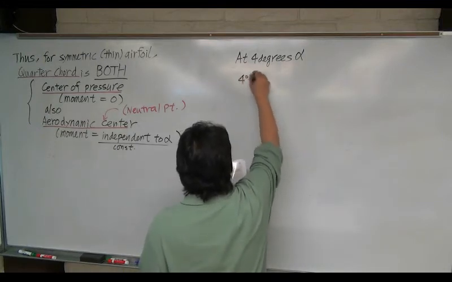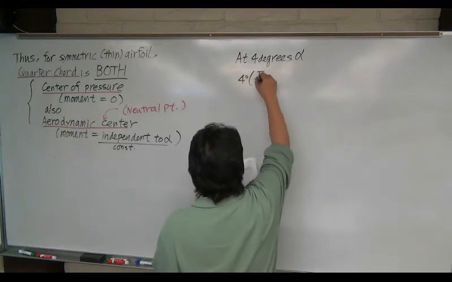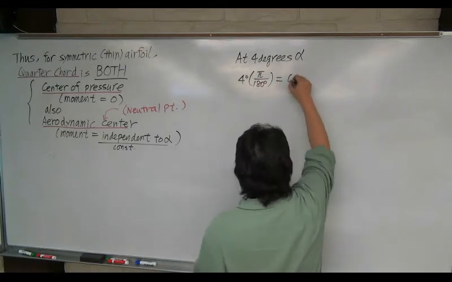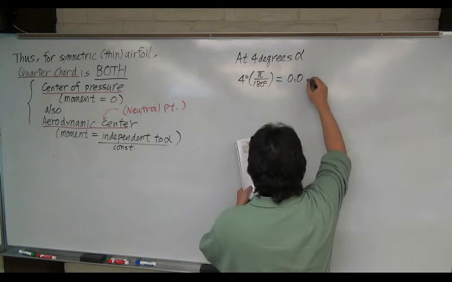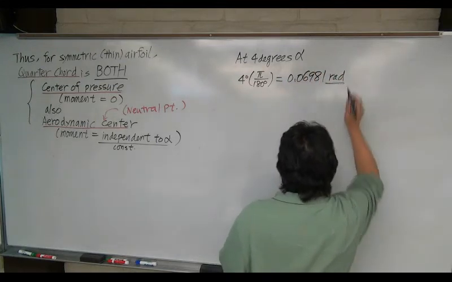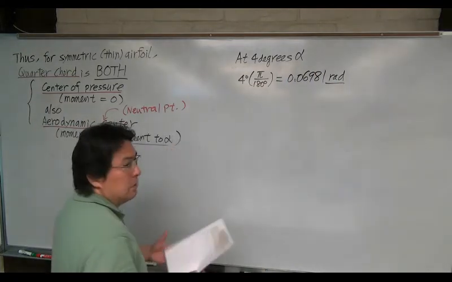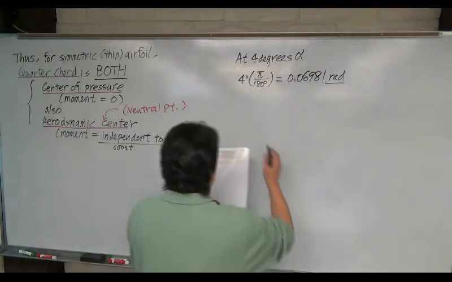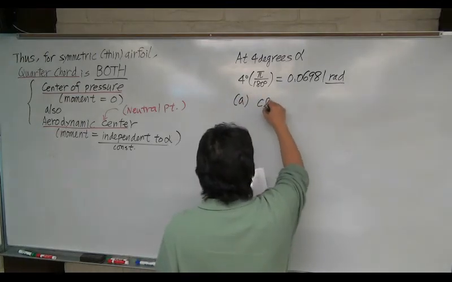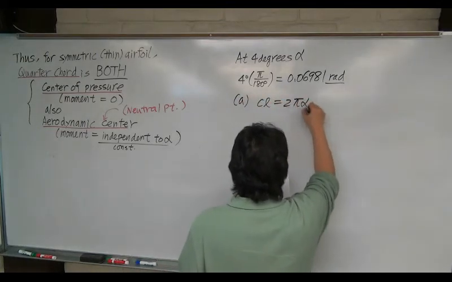So 4 degrees needs to first be converted to radians. This is 0.06981 radian. Let's be careful, this equation is in radians because 2 pi is radian. Okay? So A, CL is equal to, of course, 2 pi alpha.